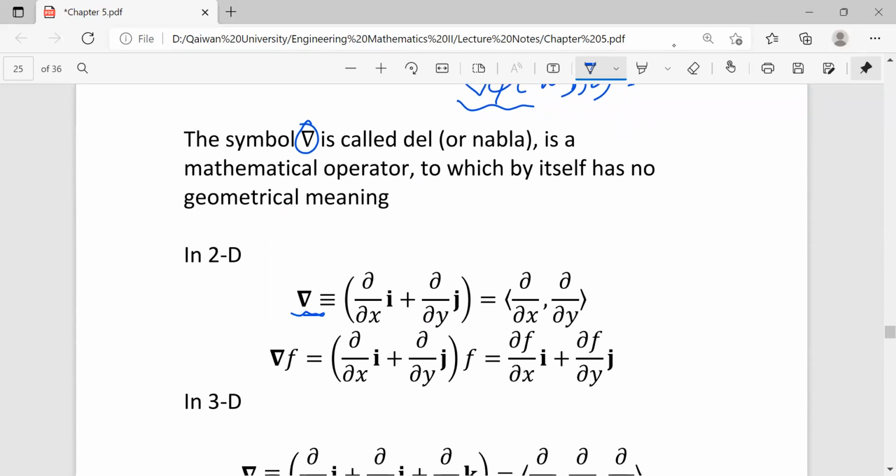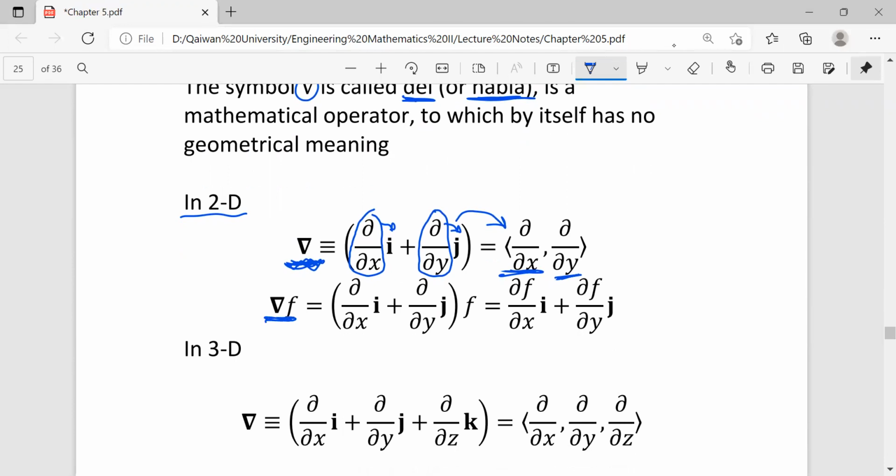This symbol is denoted by del or nabla. We say the del operator in 2 dimensions equals the partial derivative with respect to x times i plus the partial derivative with respect to y times j. And we can write it as a vector: partial by partial x, partial by partial y, separated by a comma.